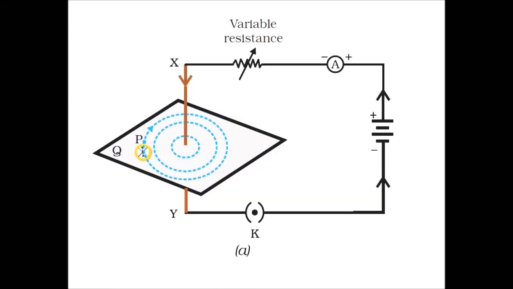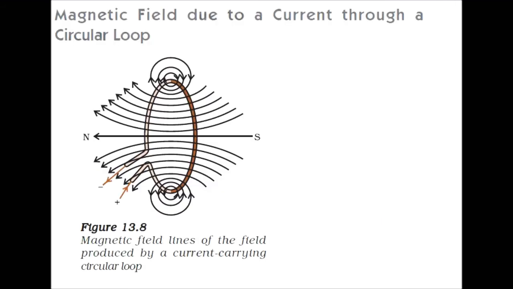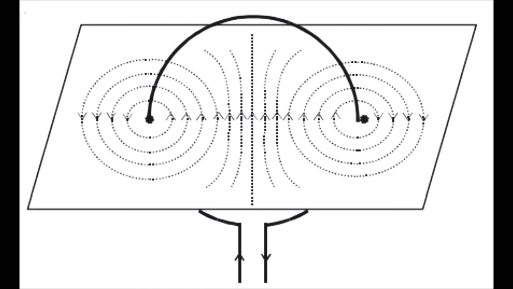We saw magnetic field lines produced around a current carrying straight wire. Now let's see magnetic field due to current through a circular loop. In the circular loop, the concentric circles at every point represent the magnetic field.